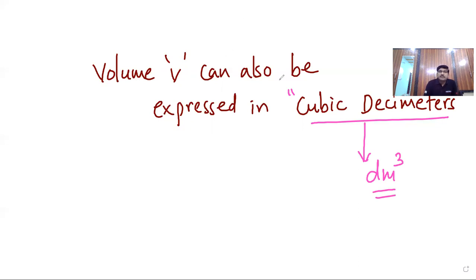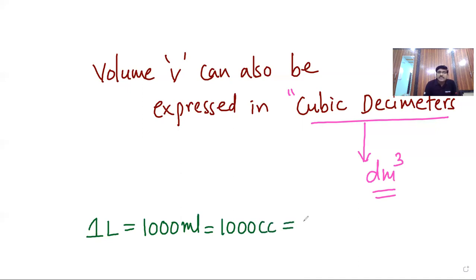The conversion here I tell, remember all this. 1 liter is equal to 1000 cc, just now I said, or 1000 ml, since 1 ml is 1 cc, and 1000 cc is equal to 1 decimeter cube. 1 cubic decimeter is 1 liter indirectly.